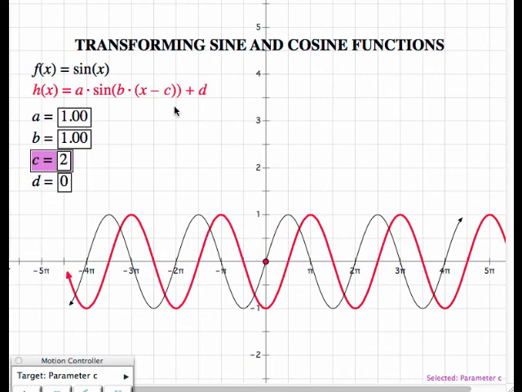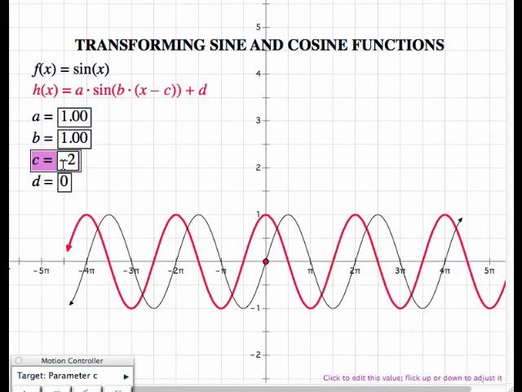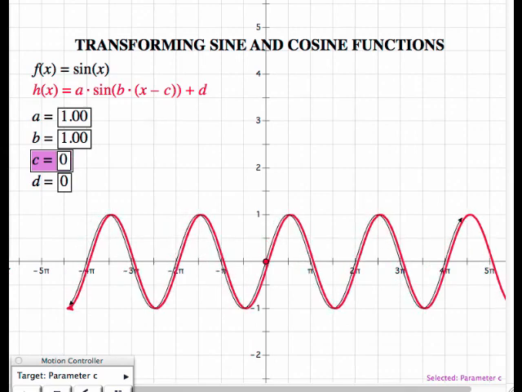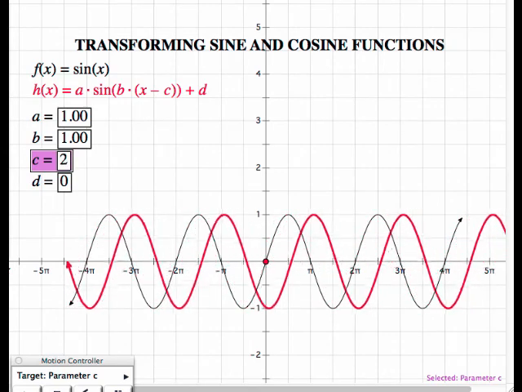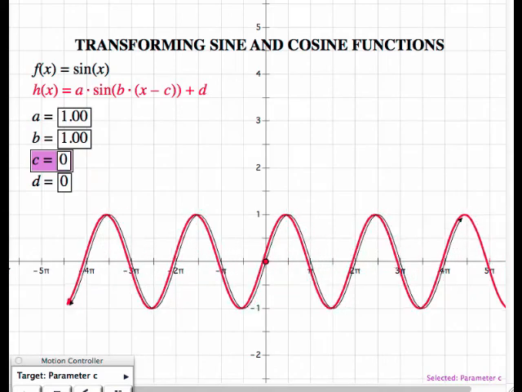And indeed it does. Negative pi over 2, pi over 2 units to the left. And so changing c shifts the graph, translates the graph left and right from its original point.